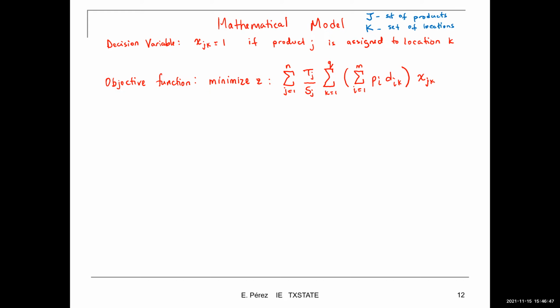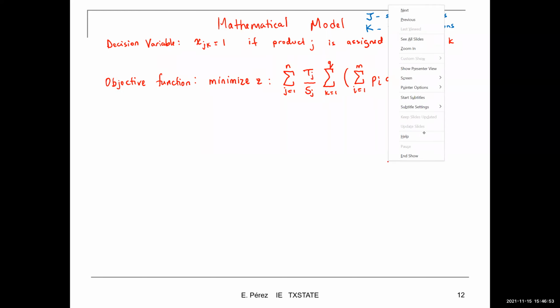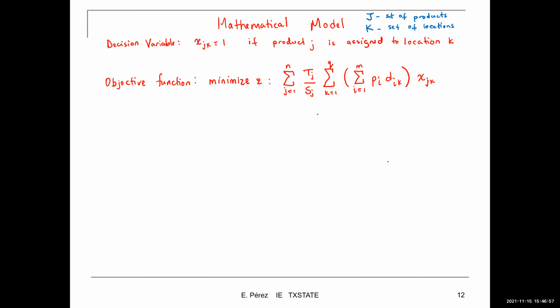Okay, so i is another set. So let me write that somewhere. i is another set. This is the set of input, output points, or the doors.